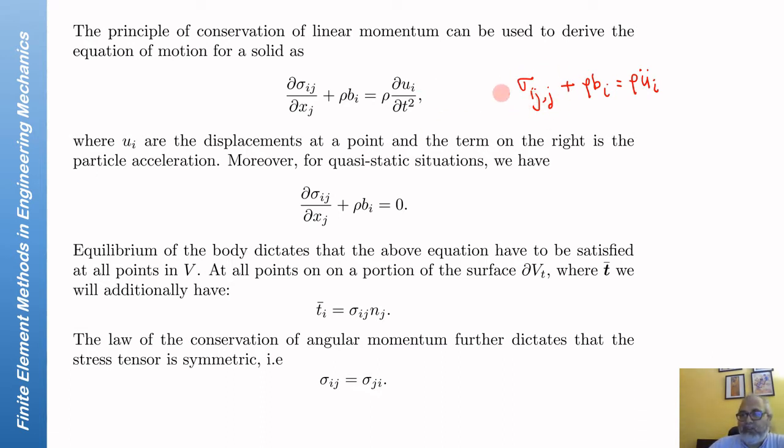I hope you understand the meanings of this. Sigma ij comma j can also be written like this. And if you want to write this in vector notation, then you write this as the divergence of the second order tensor sigma.